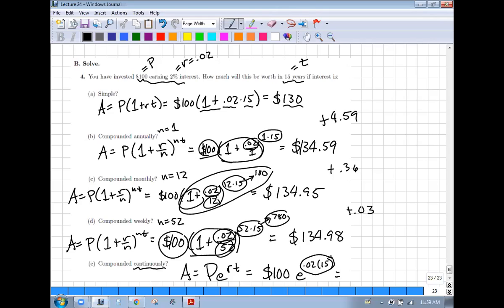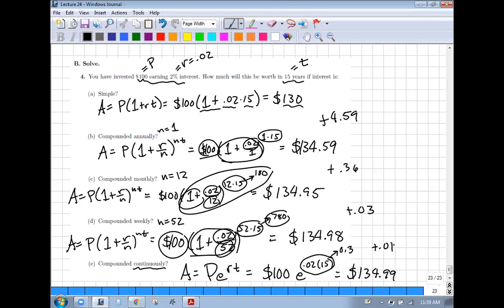All right, so we need to know what this number is here first. 0.02 times 15. This is 0.3. All right, so I have 0.3. Now I hit e to the x, and that tells me 1 point something something. Now I multiply by 100, and I get $134.99. So I got an extra penny.